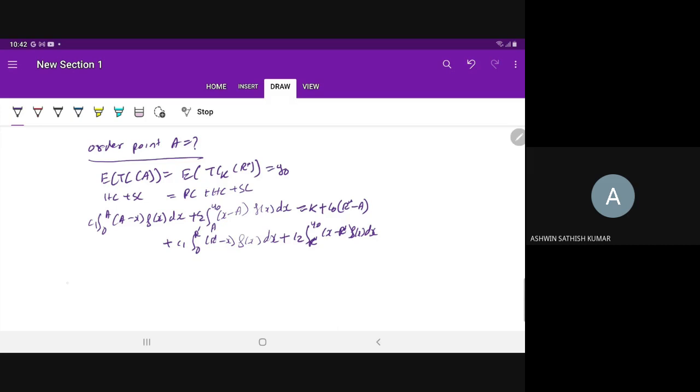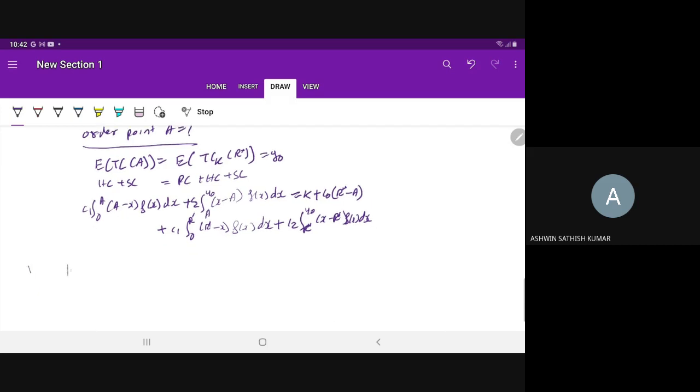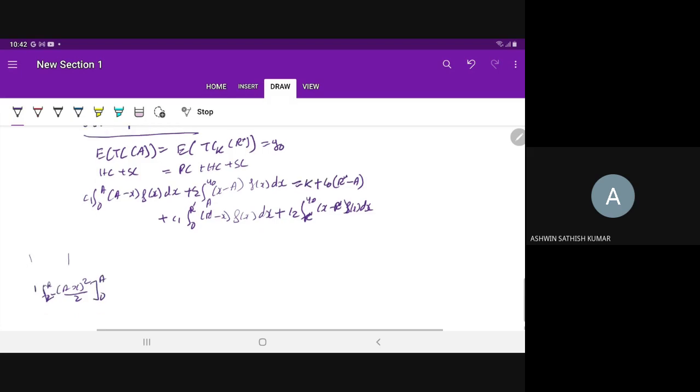So C1 is 1, and integration 0 to A gives A minus X whole square by 2 with negative sign, and here fx is 1 upon 40.